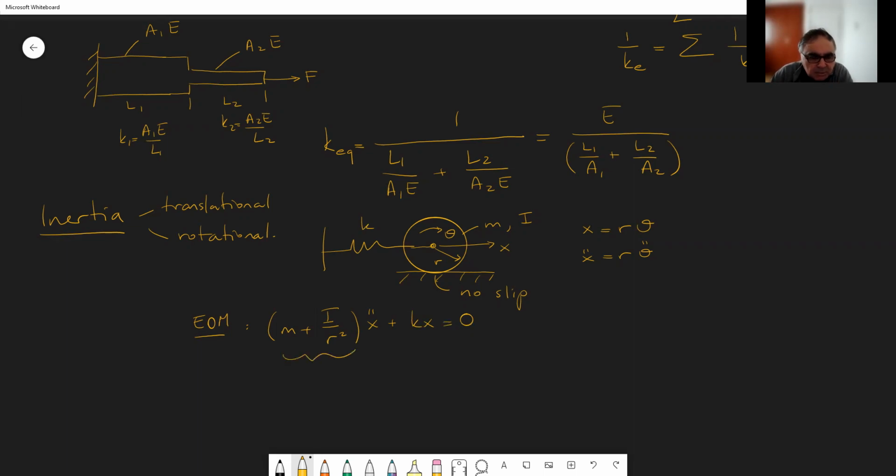And this will be our equivalent mass for the x coordinate, let's say. For the equation of motion, you can find the equation like this.